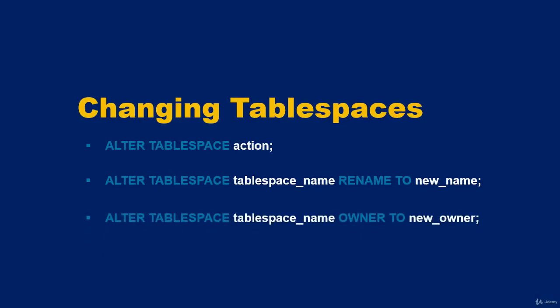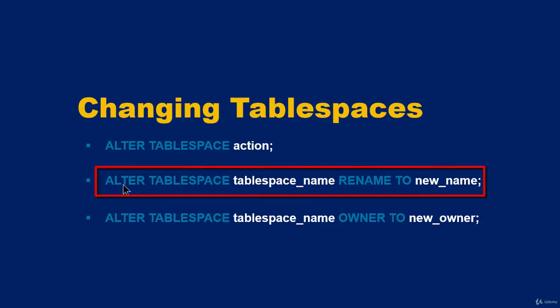PostgreSQL provides some actions such as renaming a table space. Another action that you can do is change the ownership of the table space. These are some of the actions that you can perform to change the definition of a table space.